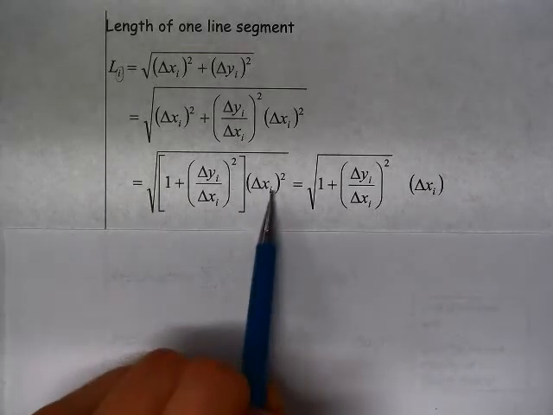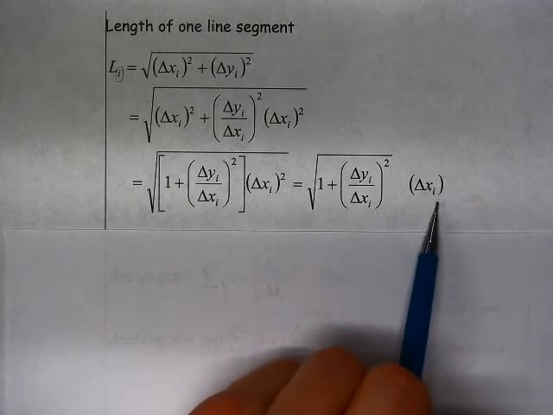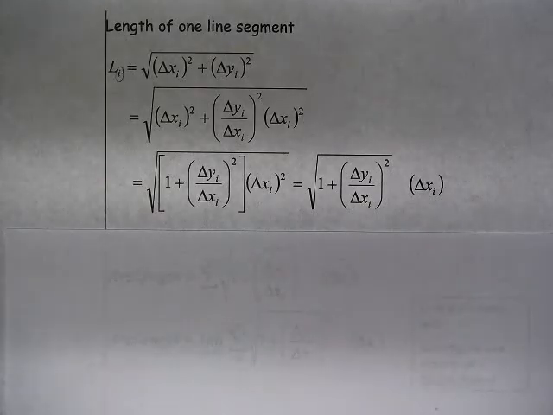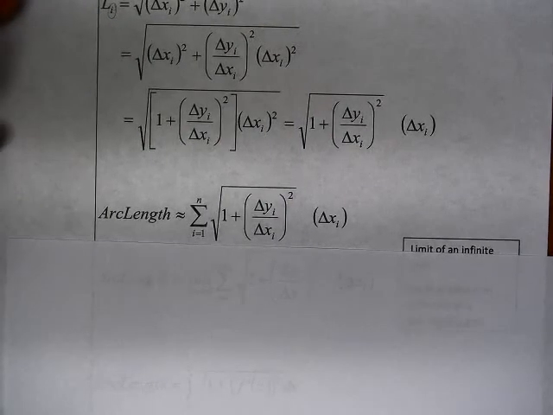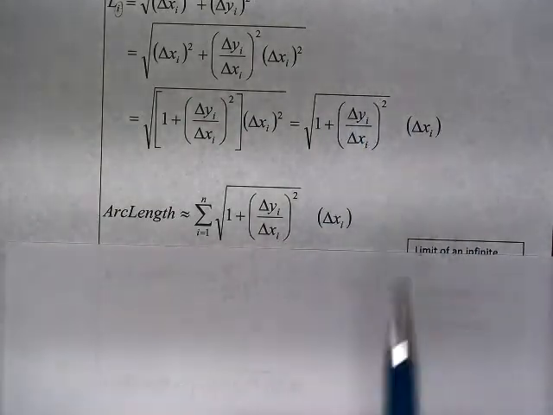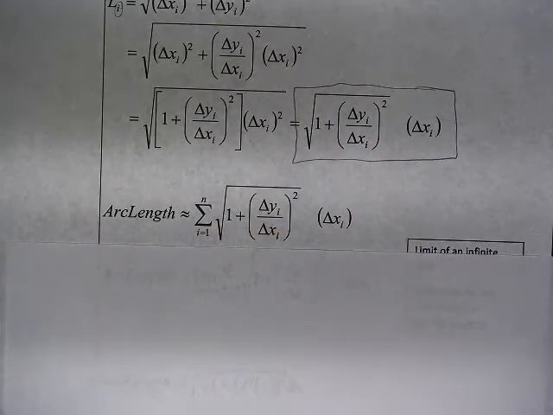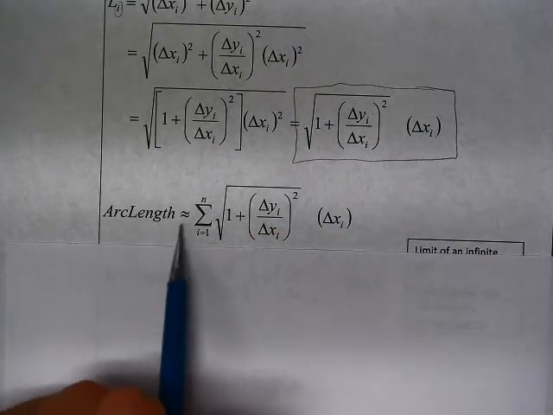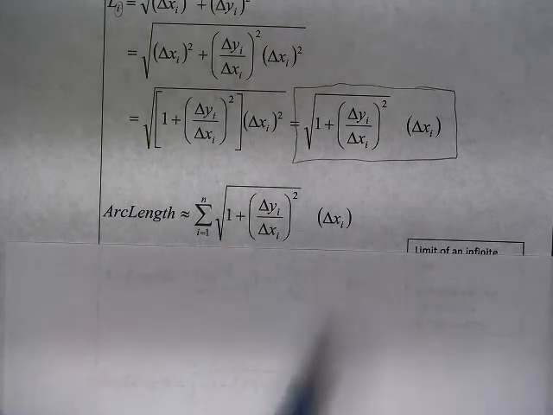I have the square root of delta x sub i squared, and I can bring that outside the square root and just have delta x sub i. It still might not be obvious why I'm trying to do that, but it will be in a moment. So the total arc length is just this. Remember, this is the length of one of our small line segments.